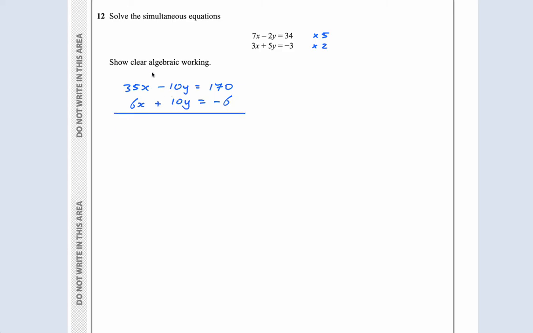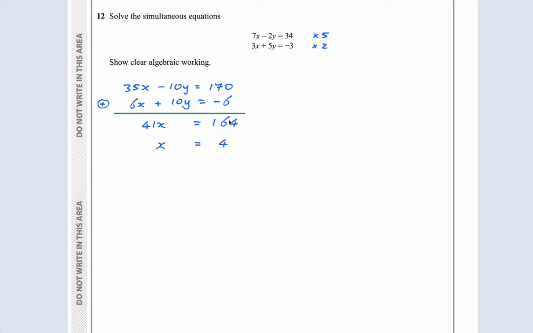Then I need to decide, am I going to add or subtract? Well, I'm going to add, because when I add my -10y plus 10y, they will disappear, or it'll eliminate the y's. So I'm going to add these. 35 plus 6 is 41x equals 170 minus 6 is 164, which gives me very nicely x equals 4, which I know is correct because my calculator told me.